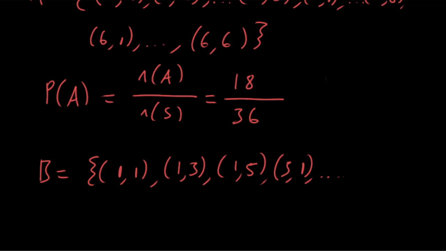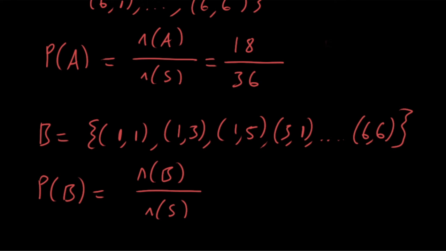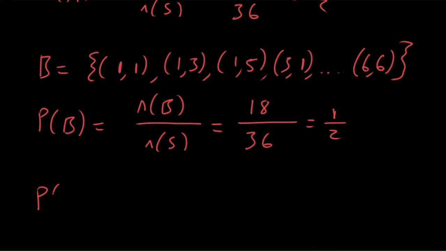As you can see, this is also going to be half as well. 6,6. This is going to be half of them as well. So the probability of B is going to be the number in B over the number in S, which is going to be, number in B is going to be 18, and the number in the sample space is 36. So probability of B is going to be 1/2. And the important part is, what is the probability of A intersection B?